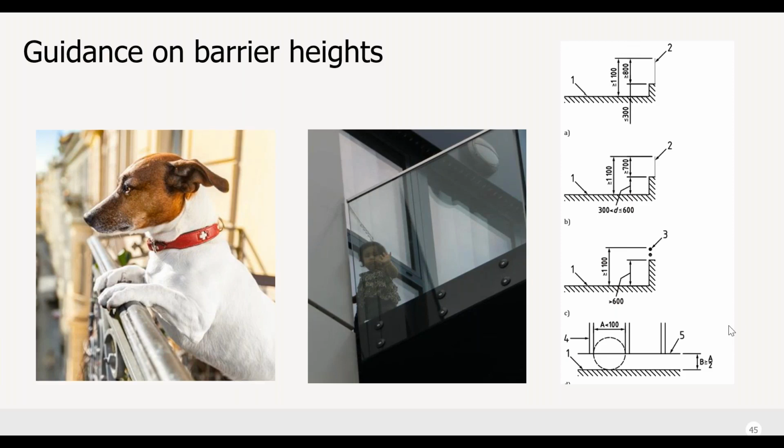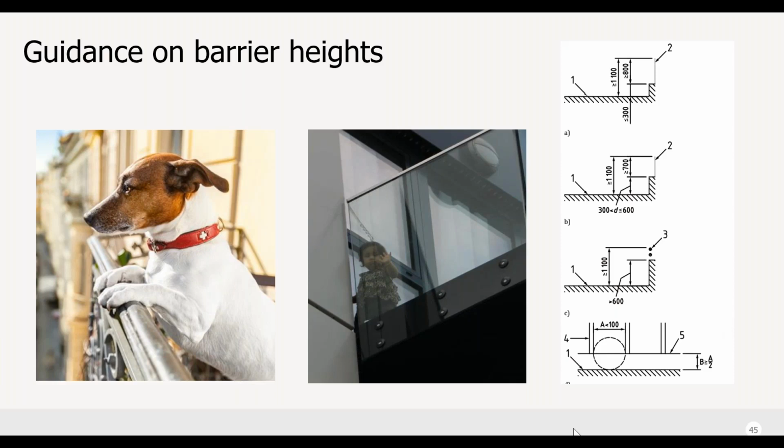And the next slide goes over, in quite some detail, again referring back to other standards, the requirements for minimum balustrade heights. It can be boiled down quite simply to the fact that a 1100 balustrade is a minimum requirement in all cases, but where there's a step adjacent to the balustrade or anything climbable that is between 400 mm and 600 mm, the recommendation is the balustrade should be 700 mm above that step.